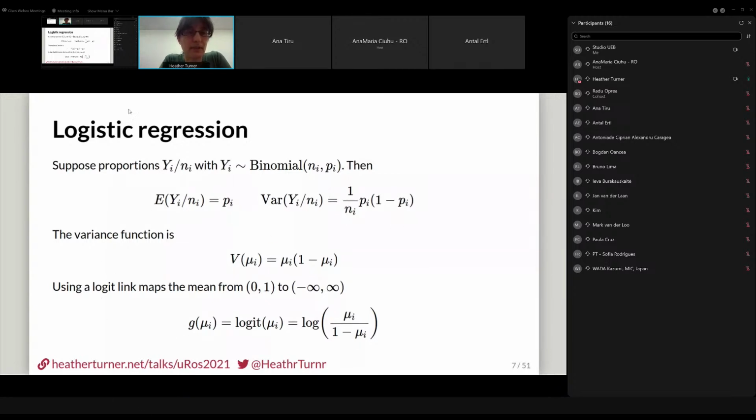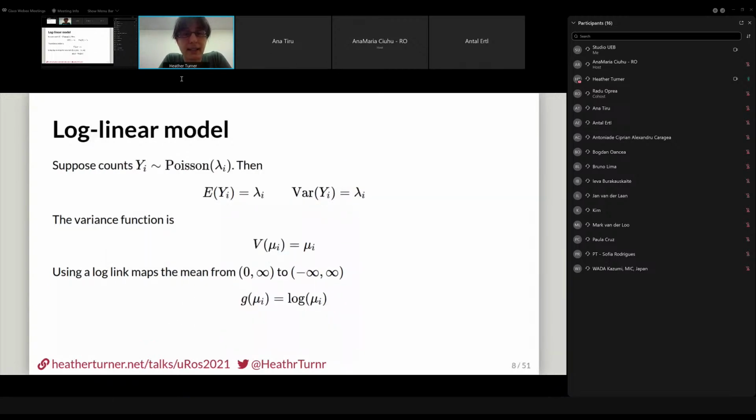Another common example is log linear models, and in this case we're interested in modeling counts, which might follow a Poisson distribution. Assuming they do, the expectation of those counts will be equal to the mean, and the variance will be equal to the mean. So in this case, our variance function is very simple. It's just equal to the identity function.